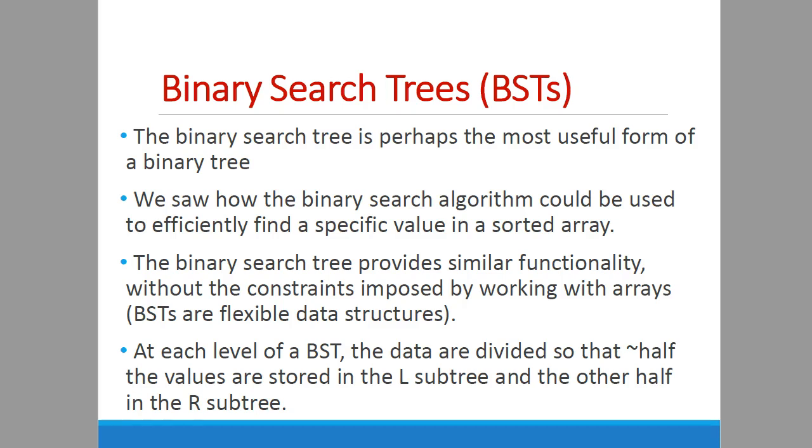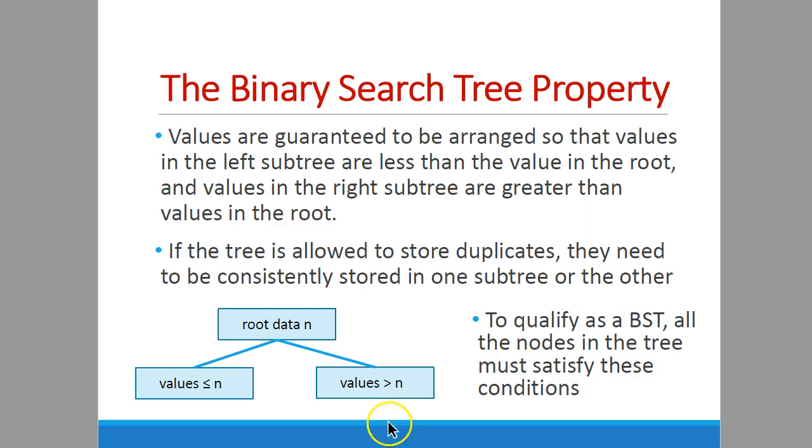The restriction on a search tree is that for any given node, all the values less than it go on the left child and all the values greater than it go on the right child. Once you do that, you can search very quickly, just like we were able to do in binary searches in arrays. But we're no longer restricted to a flat array of data, and that allows us to add and move data around quicker.